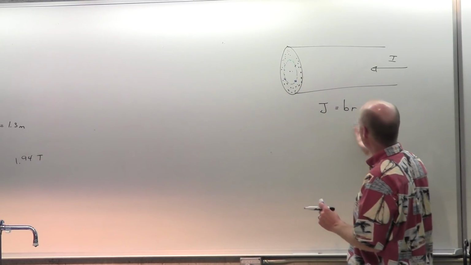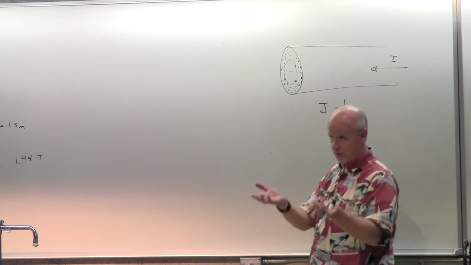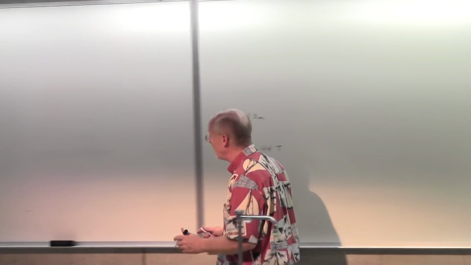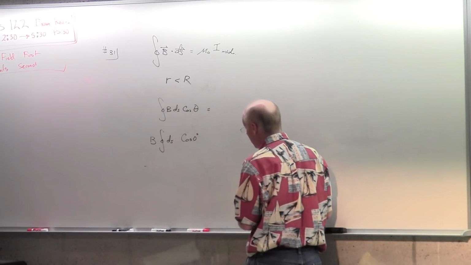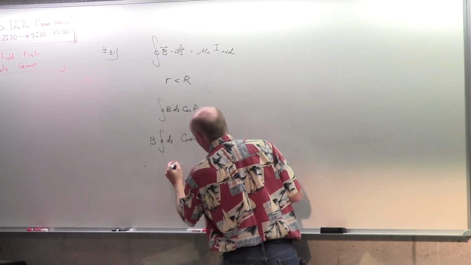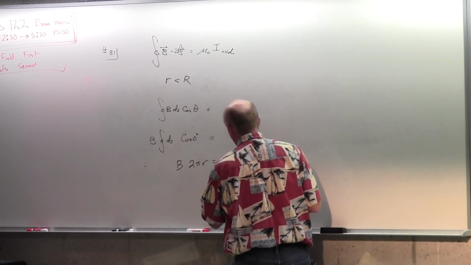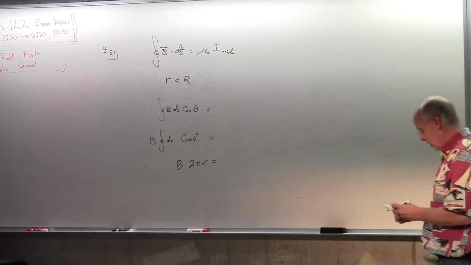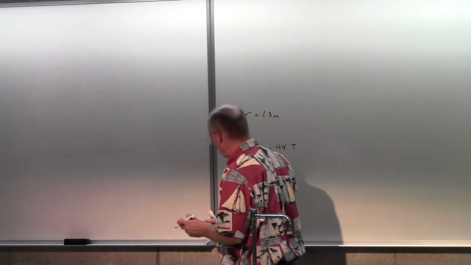So the direction of the field is just like we did before. So yes, this is going to be cosine of 0 degrees. This side of the equation is still going to become b times 2 pi r. So really I haven't seen any change here in terms of my calculation.